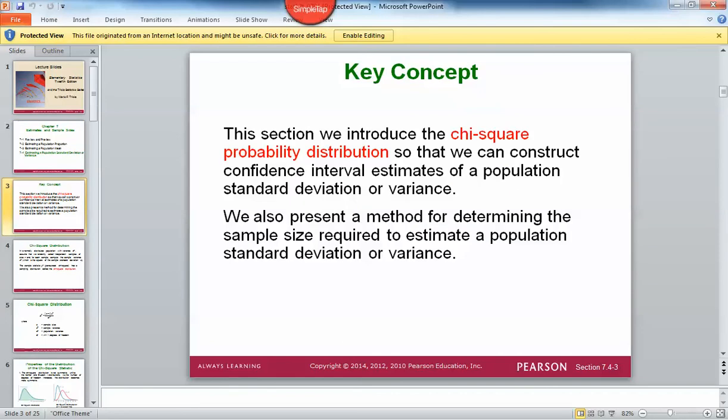We have something called a chi-square probability distribution. I usually just call it a chi-square distribution whenever we figure out the confidence intervals. This is definitely a little tougher than the other two, but it's still not too bad.